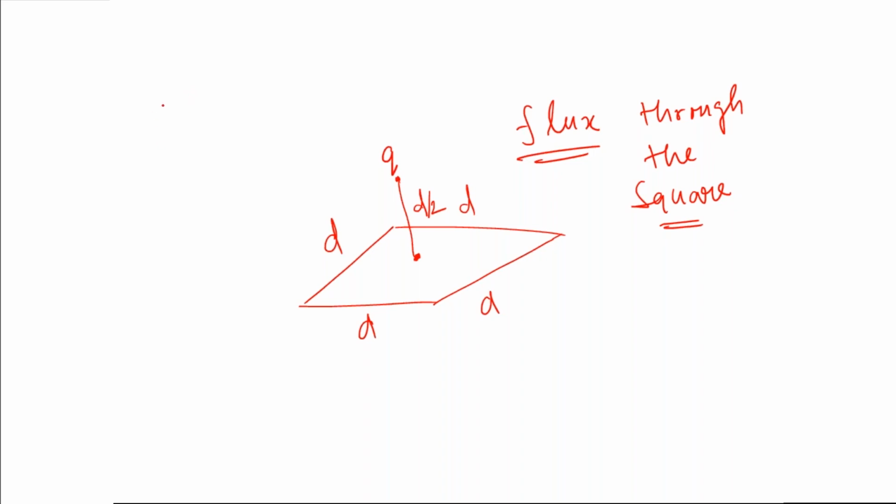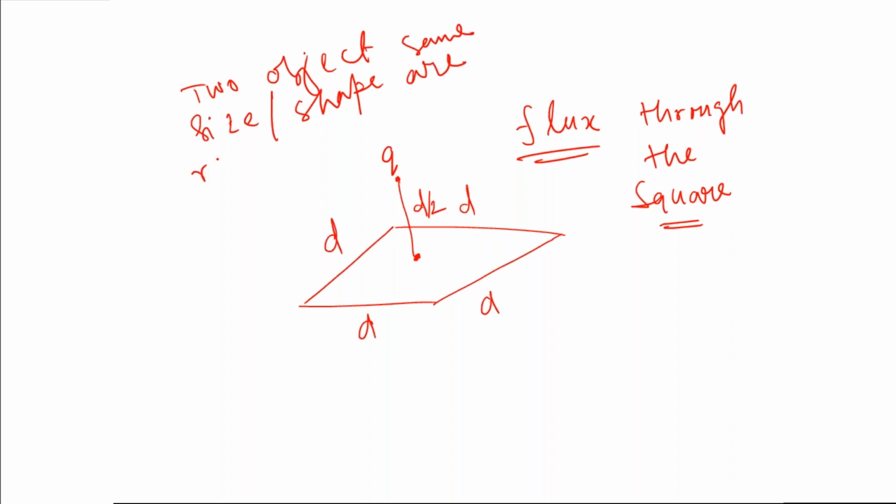If two objects of the same size and shape are rubbed against each other, what type of charge is found on those two?